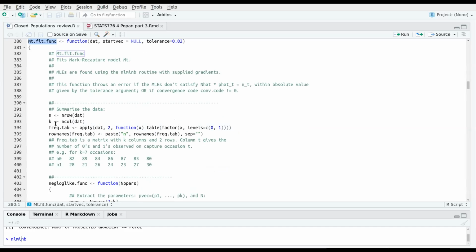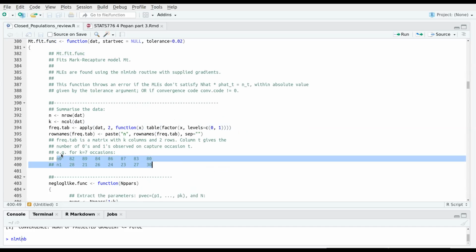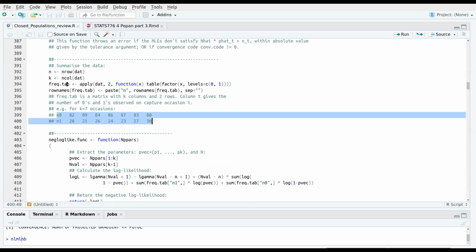So it's the frequencies of zeros and ones, and she's applying it to each column. So for each column in the capture history data, she's finding how many ones and how many zeros. And so that's the numbers that were caught and not caught on each occasion.